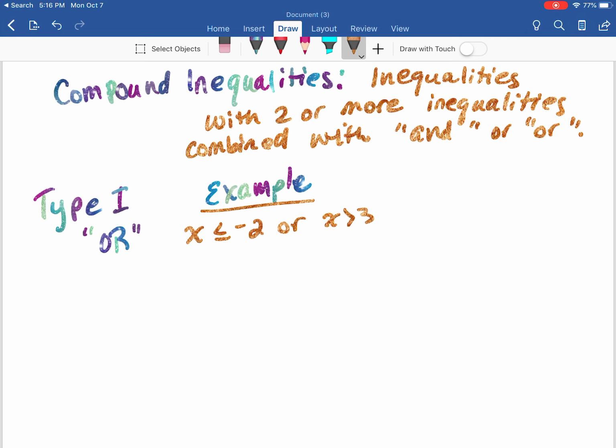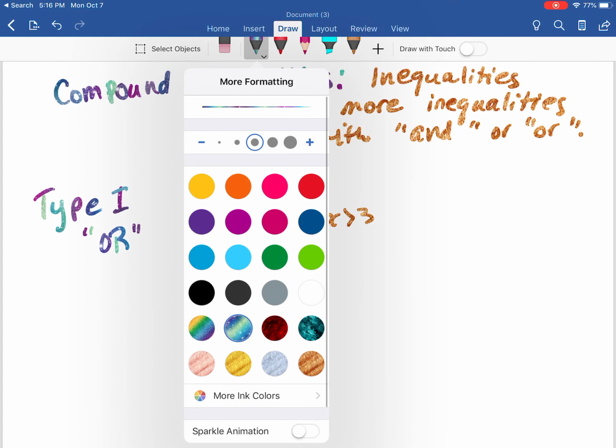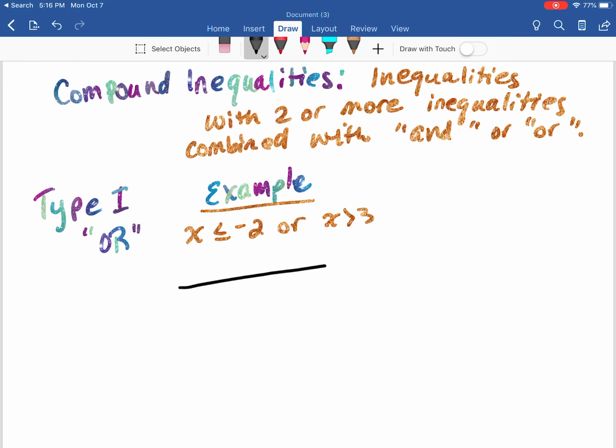Now, usually when we graph "or" statements, we graph them apart. What we mean is if I take my graph here, I'm going to draw my line. And I have 0 here, I have 1, 2, 3, and negative 1, negative 2, negative 3, and let's go 4.